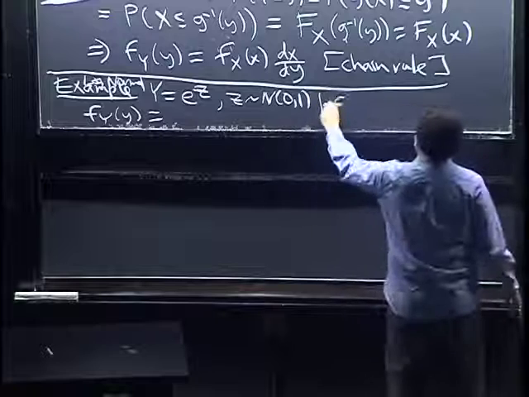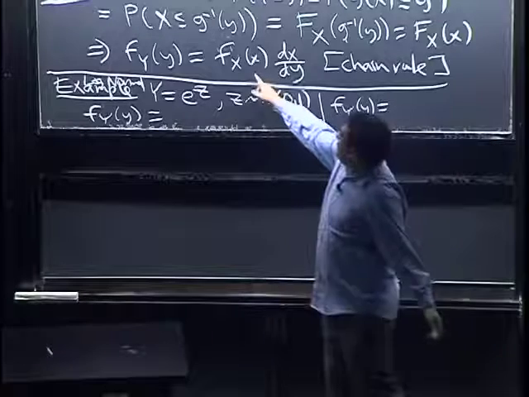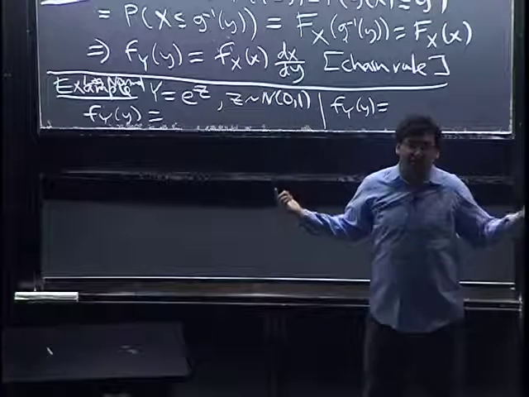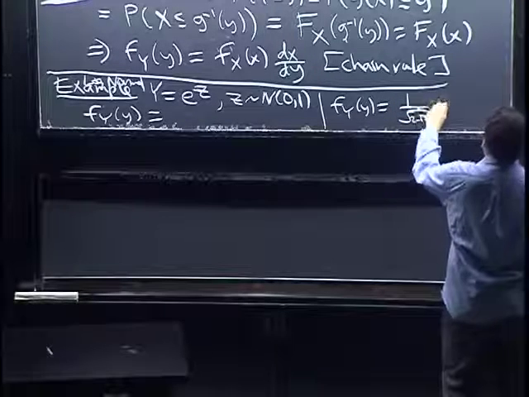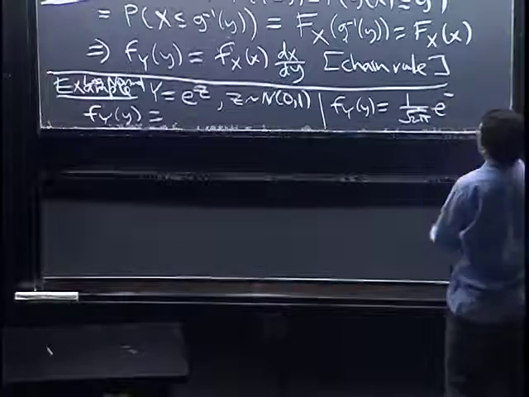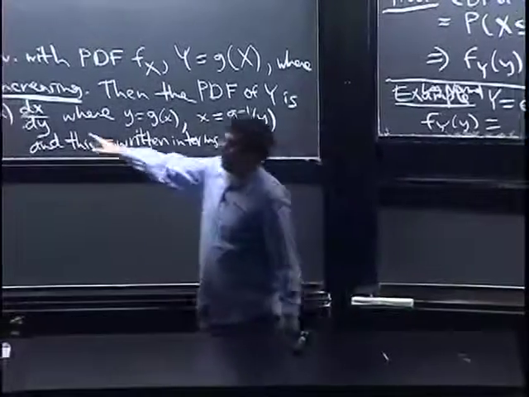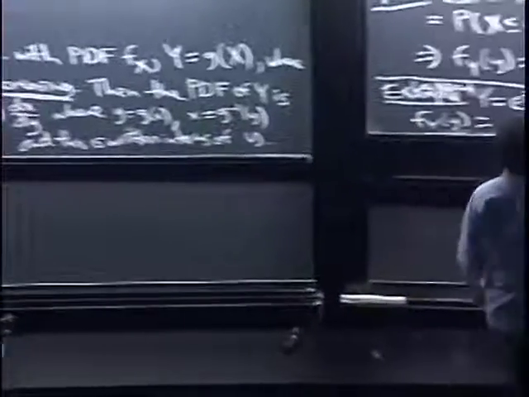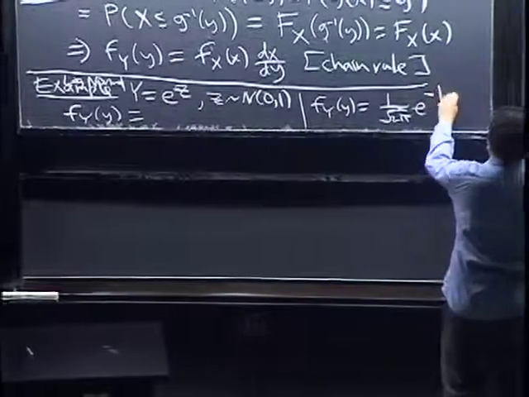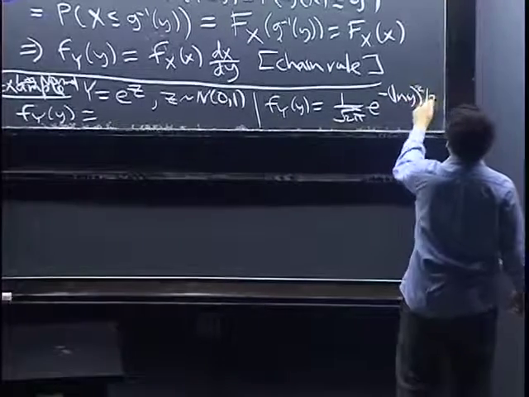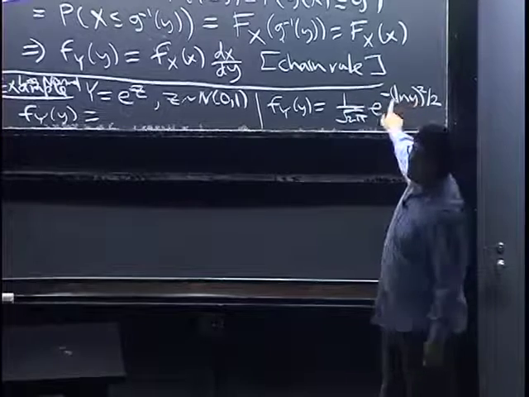I'm just going to write down the standard normal, X is Z in this example, 1 over root 2 pi e to the minus z squared over 2, except that we have to express it as a function of y. So z is log y. Instead of writing z squared over 2, I'm going to write (log y) squared over 2. So this would be the normal density, except plugging in log y for z.